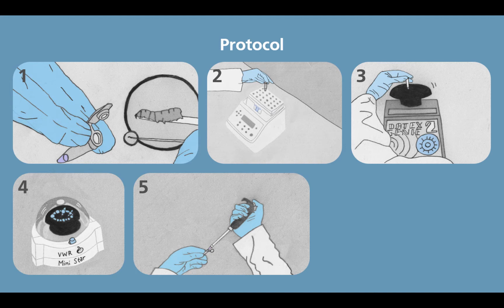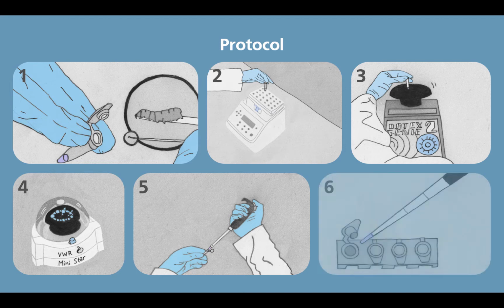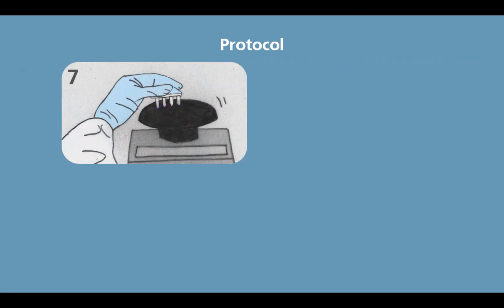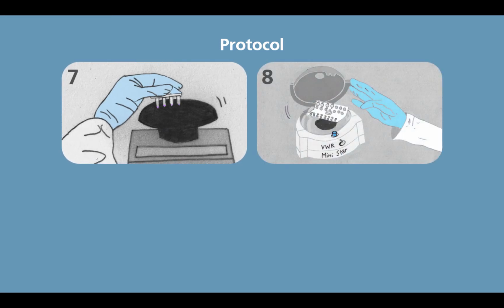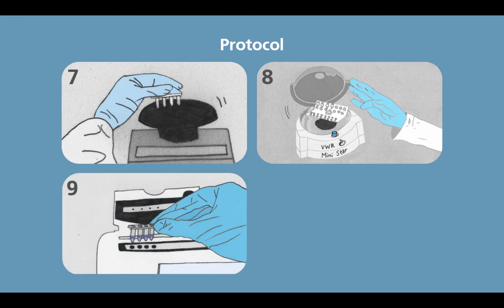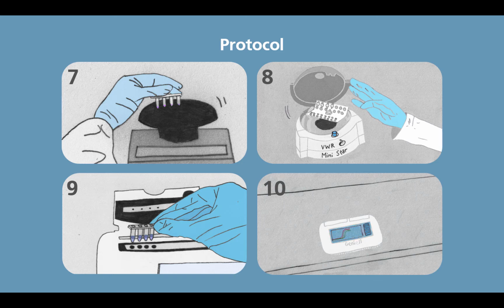Now the DNA extract is transferred into a prefabricated LAMP kit containing all chemicals needed for the LAMP reaction. After a second mixing step on the vortex and a second centrifugation step, the LAMP kit is inserted into the LAMP device and the analysis can be launched. The final result is available within only 1 hour.